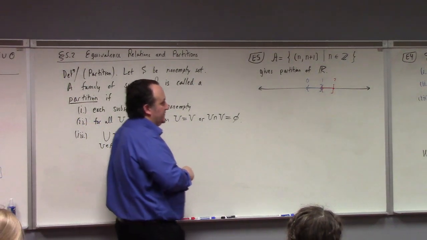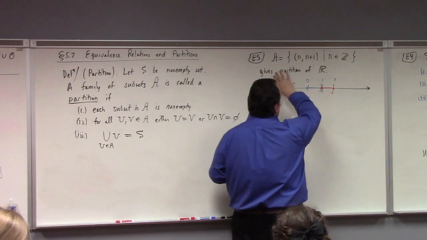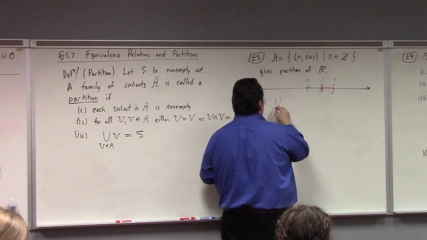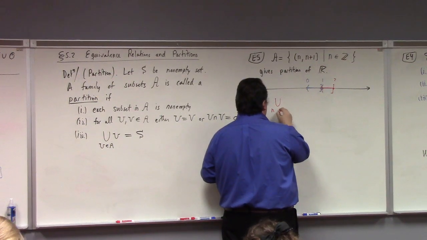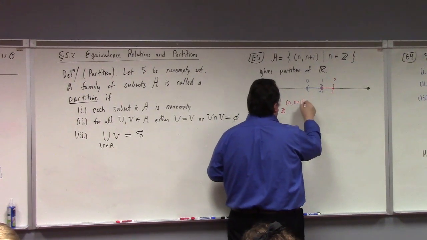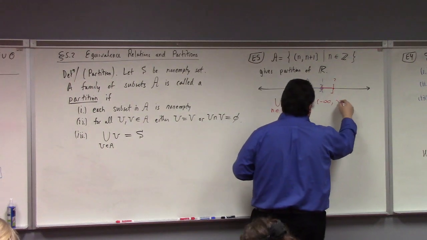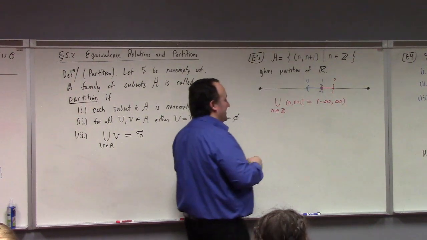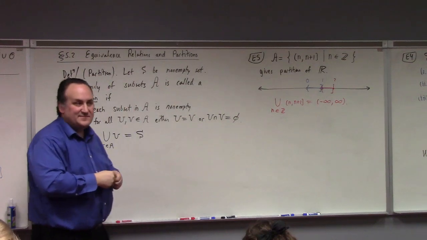So this is a partition of R, because it's also clear that if you take the union over n in the integers of this, we get everything. I don't want to prove it today, but I think it's fairly evident that that's true.